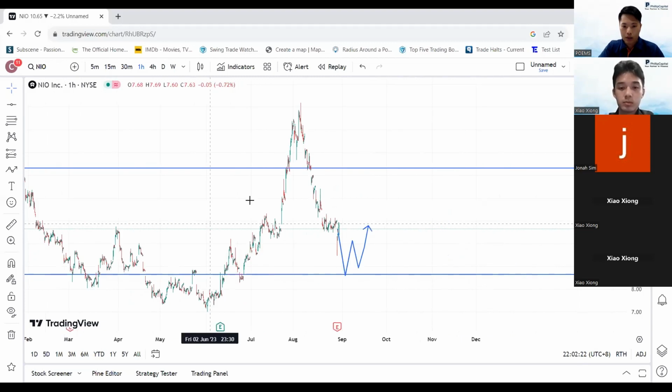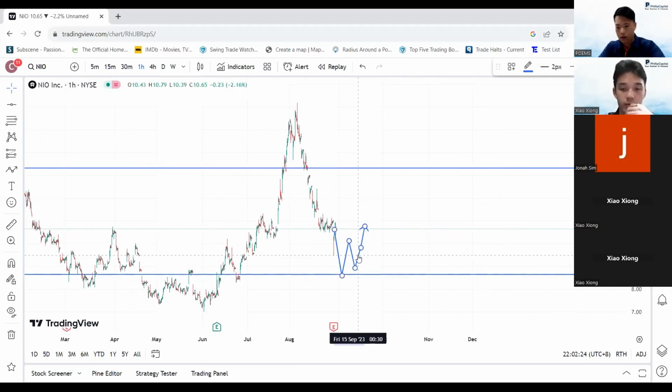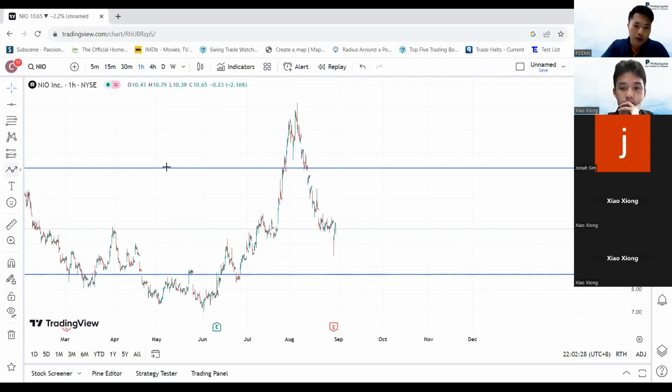But what if, based on where it is now, the price starts to go over? Same thing, we don't know if it will break the level, because every level is like a wall. It's not easily broken. So when it touches the level, you need to observe how price is actually moving.